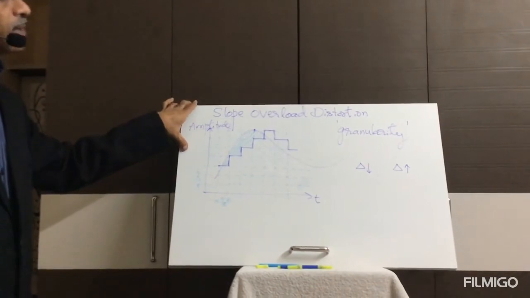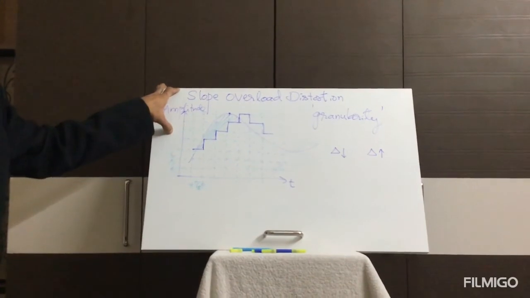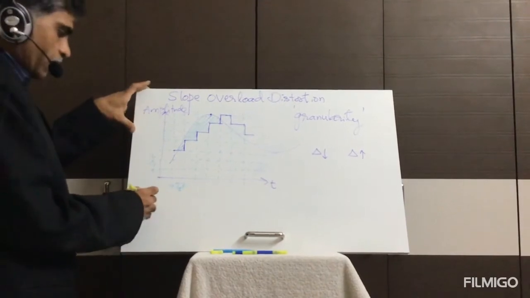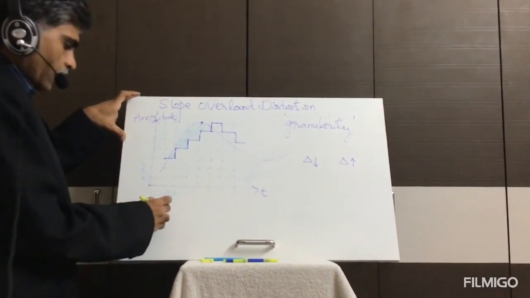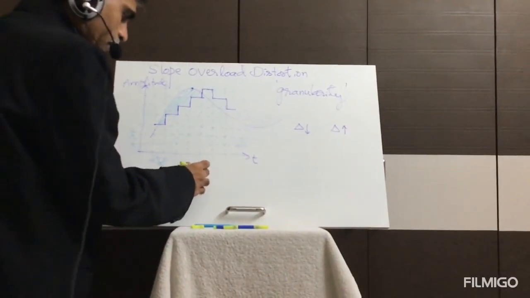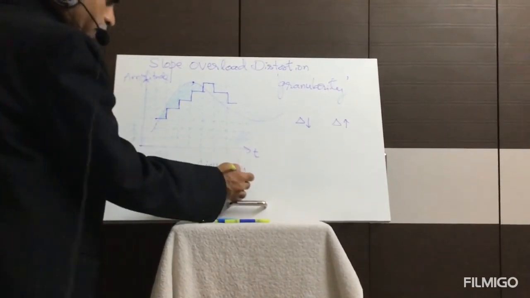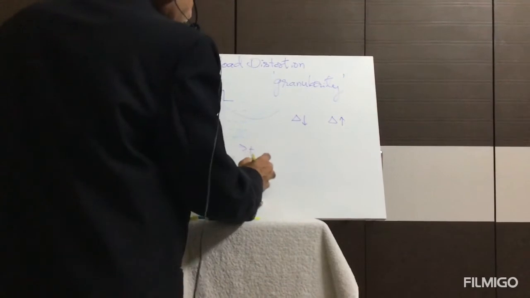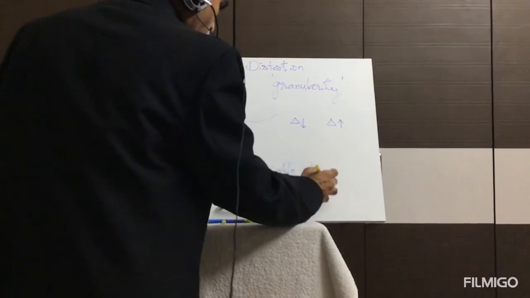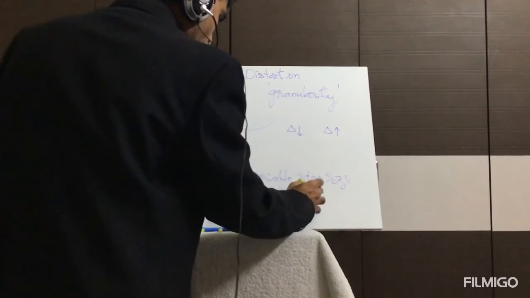But both of these distortions can be overcome once you modify this delta modulation and result in an adaptive delta modulation technique, which we simply indicate by ADM, adaptive delta modulation, which is also named as continuously variable step size modulation.